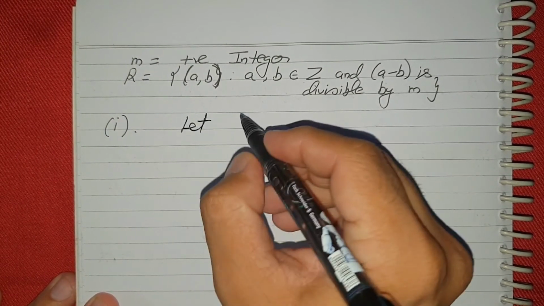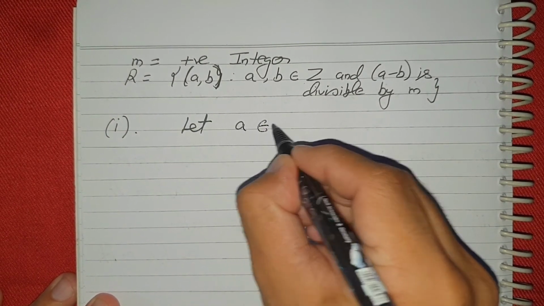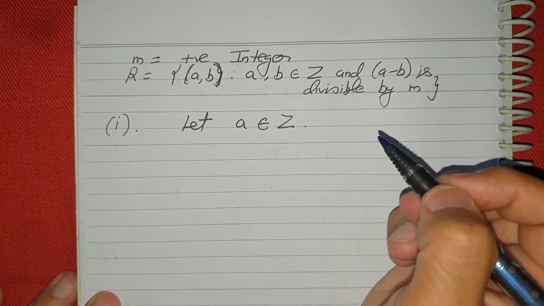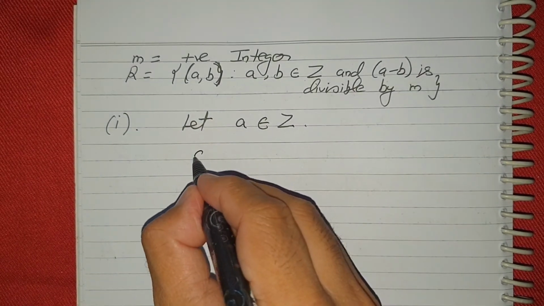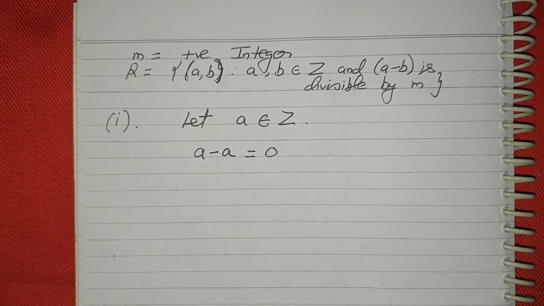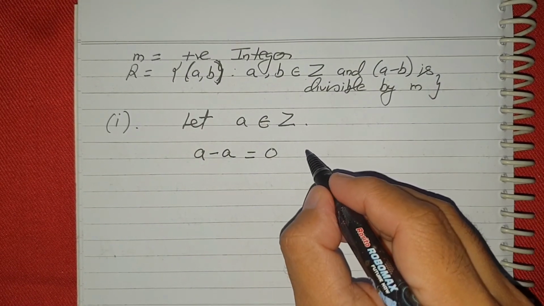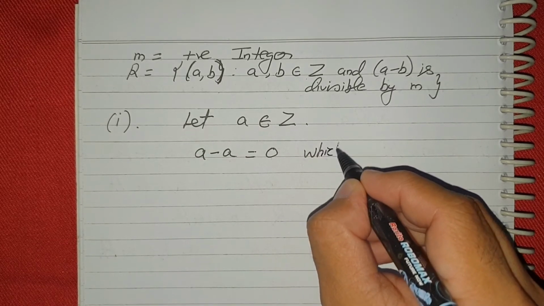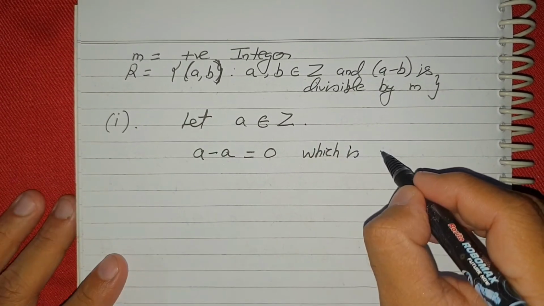Starting with one, let A belong to integers. Then we do A minus A, which is 0. Now A minus A is 0, which is divisible by m.